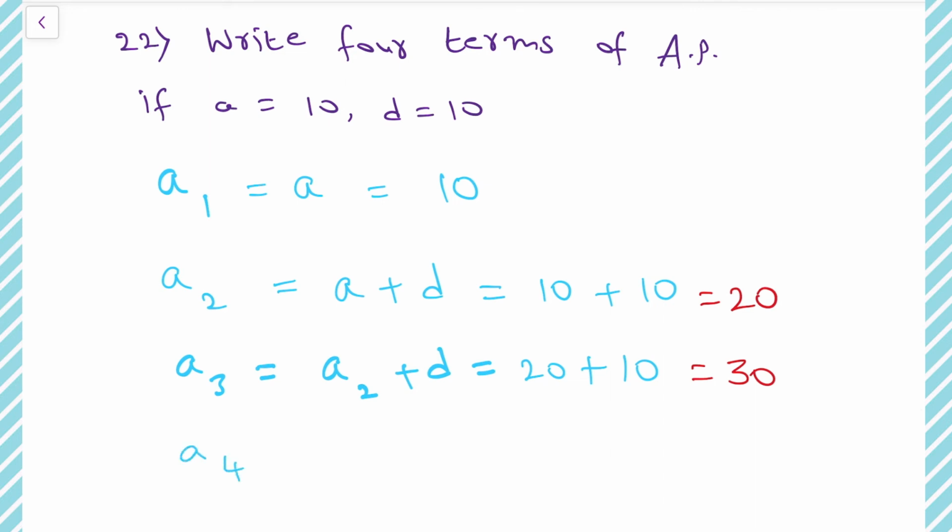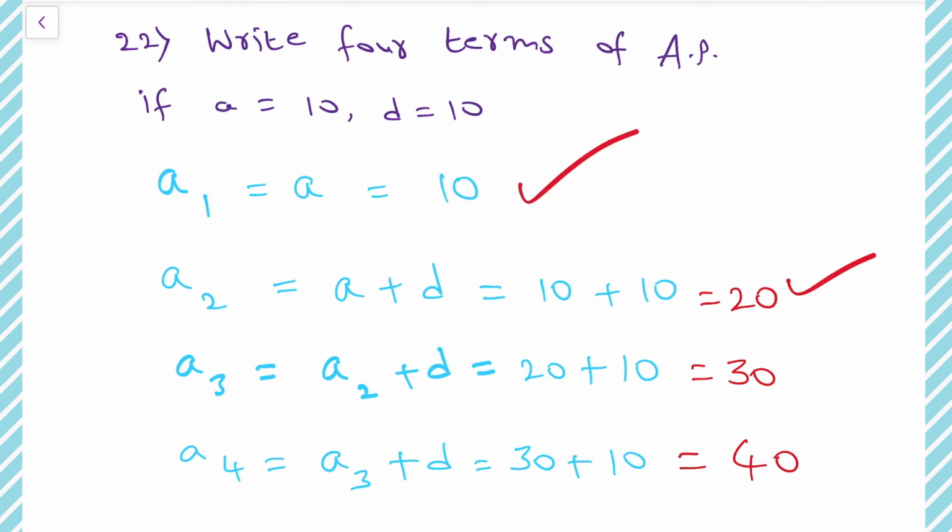So a4 is equal to, to the third term we need to add the common difference. The third term is 30 plus common difference 10. So 30 plus 10 is equal to 40. So the 4 terms of AP are 10, 20, 30, 40. The same way, if you want more, you can find them also.